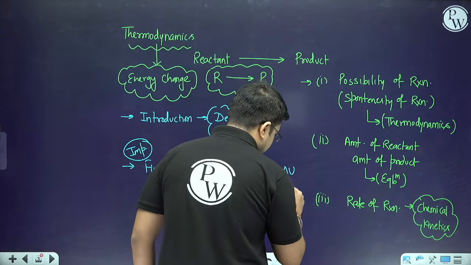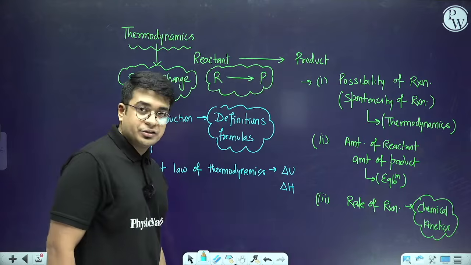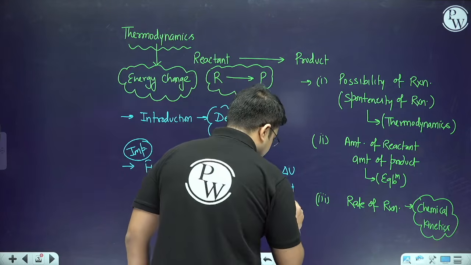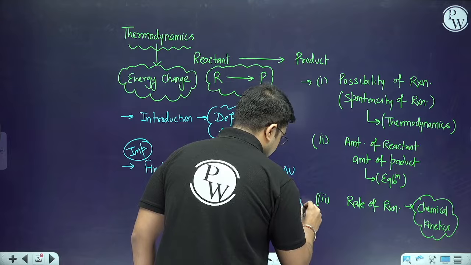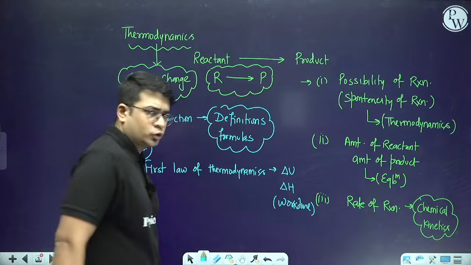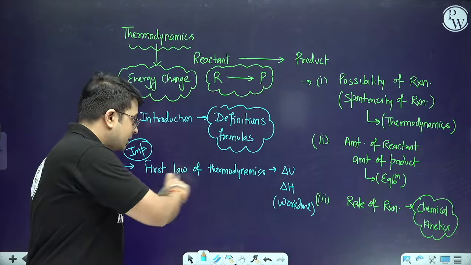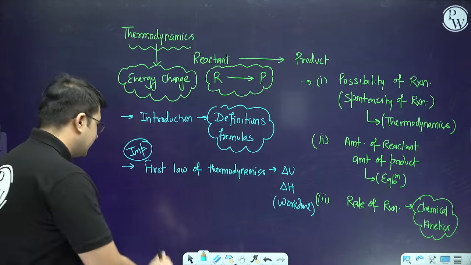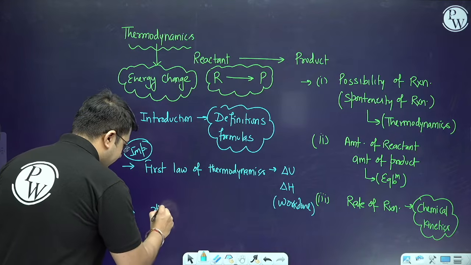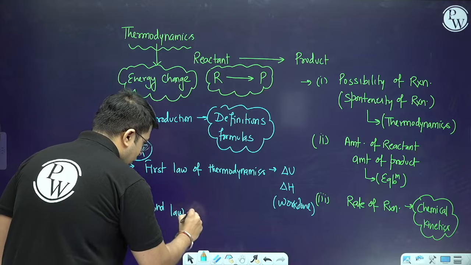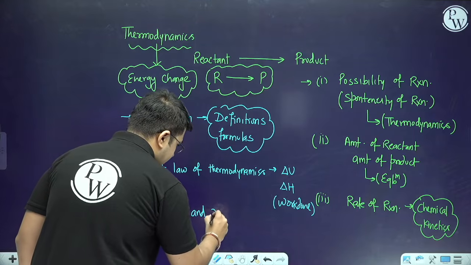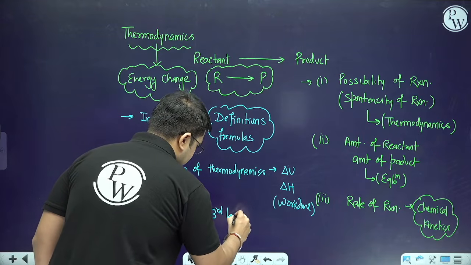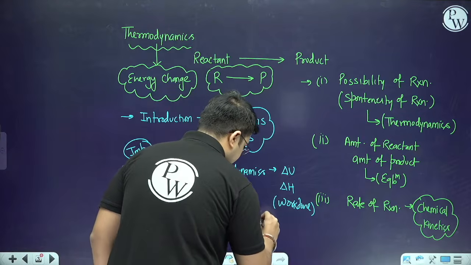You are going to understand what delta H, enthalpy change, is, and work done in the process. So most of the important calculations come under the first law of thermodynamics. Then along with that we have the second law, and I can say the third law of thermodynamics.